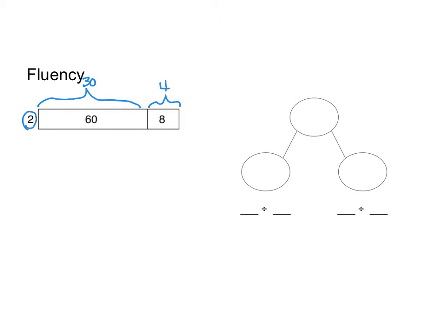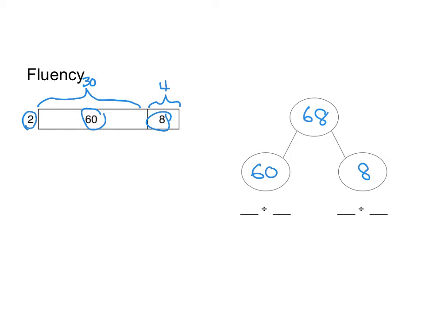Well, that's 4. Another way we could look at that, if that doesn't come as quickly to our heads, is to take our number 60 plus 8, which is 68, put it at the top of our number bond, and then separate that. So we're going to decompose it into 60 plus 8.